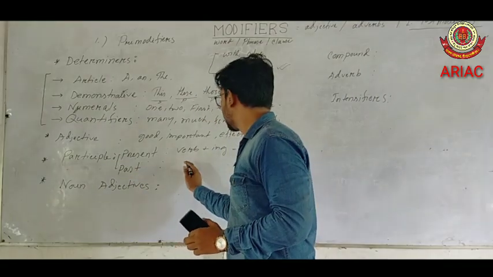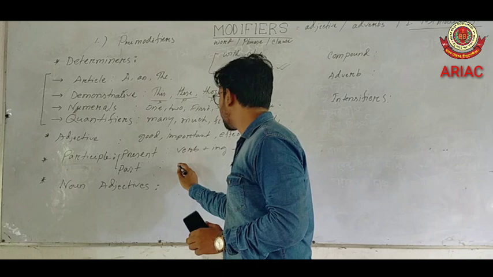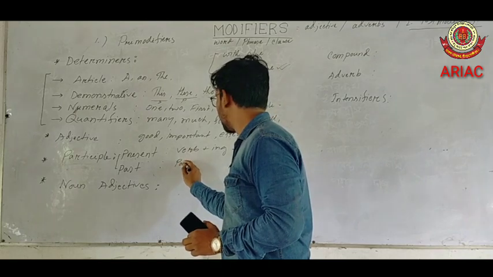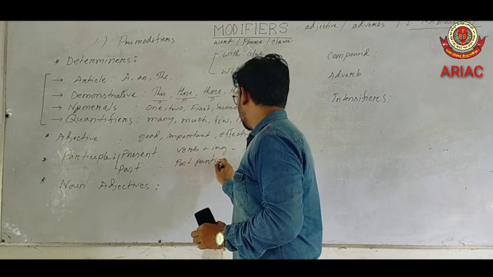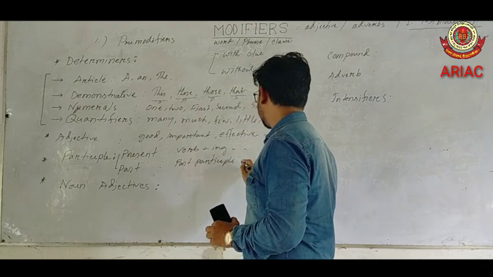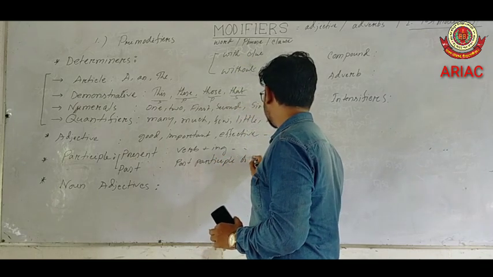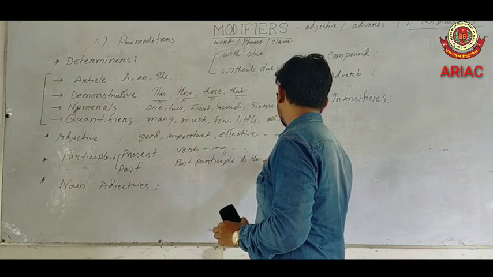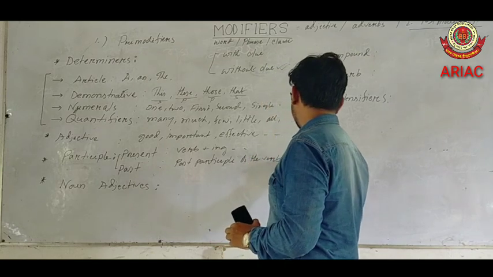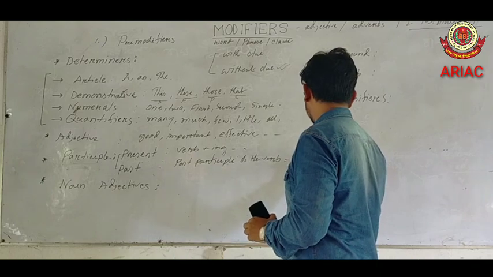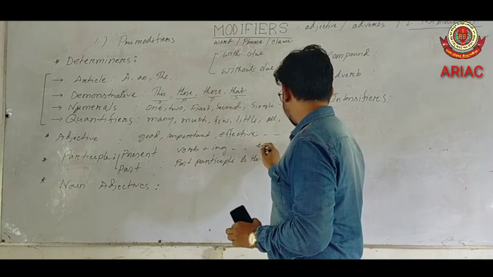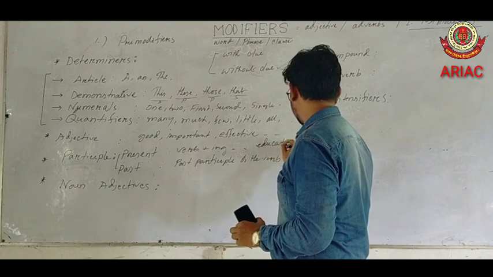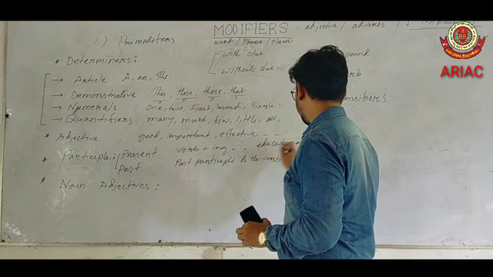Past participle is the past participle form of the verb, like educated. These all are adjectives. Present participle is like educating. Okay.